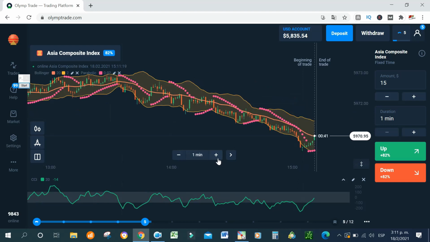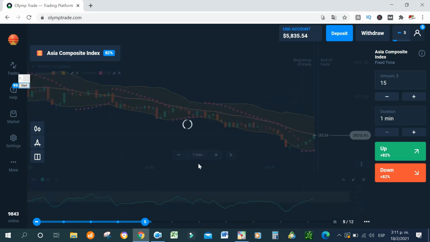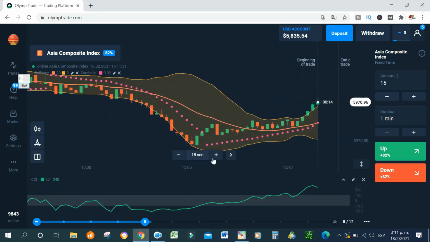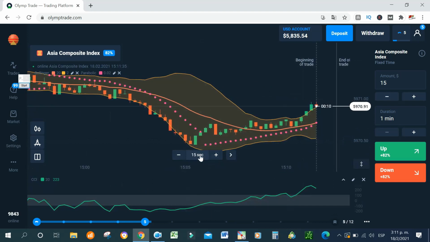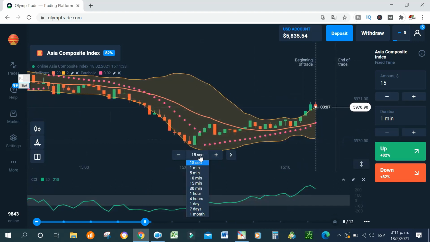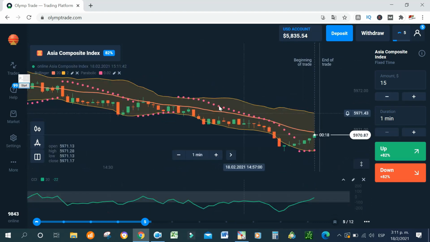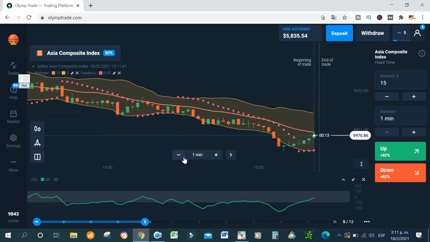But in this case, instead of 1 minute chart, you can also use, for example, 15-second chart to take the parabolic observation and the parabolic signal. But it's not necessary. You can try and you can test it, but in my case, I will use a 1 minute chart only. Okay, because my main signals here are the Bollinger Bands and the CCI.